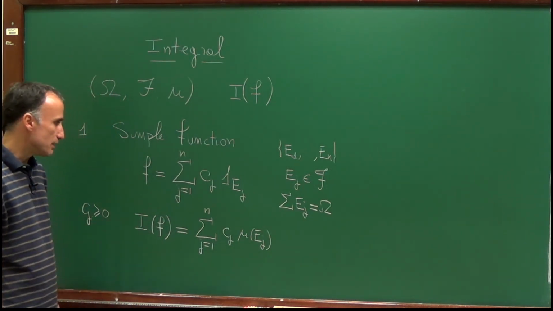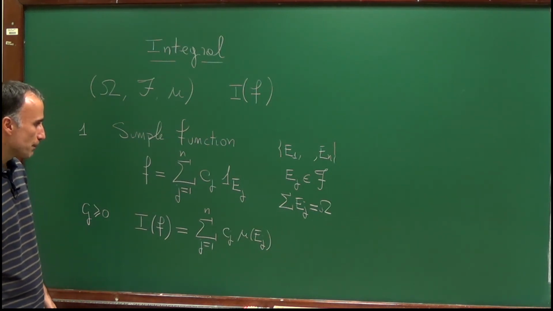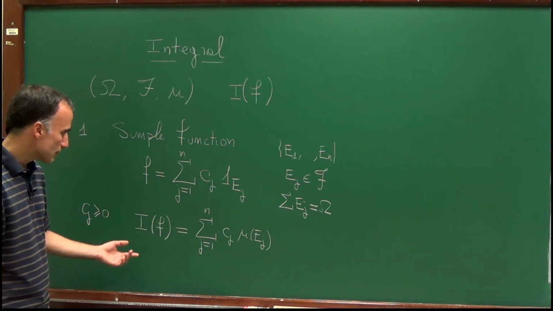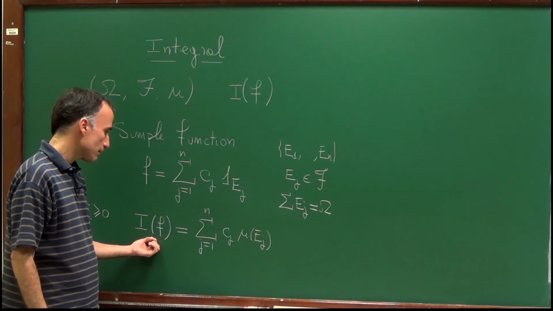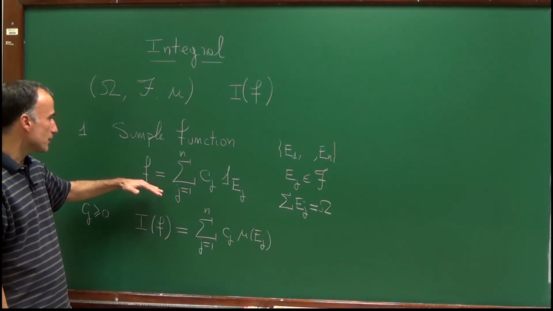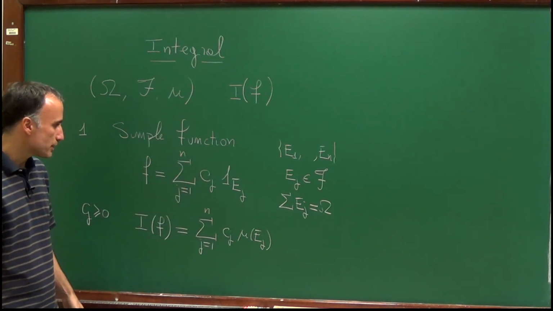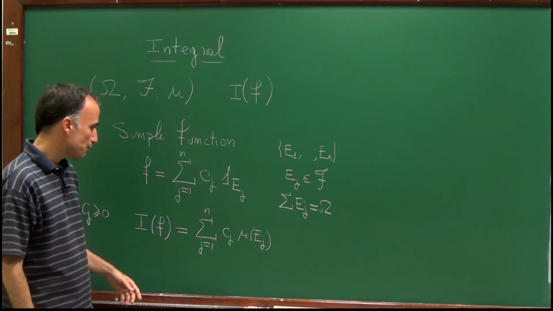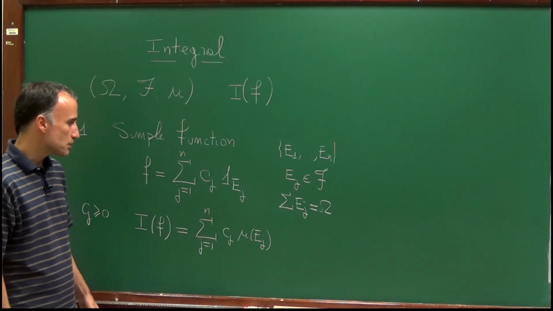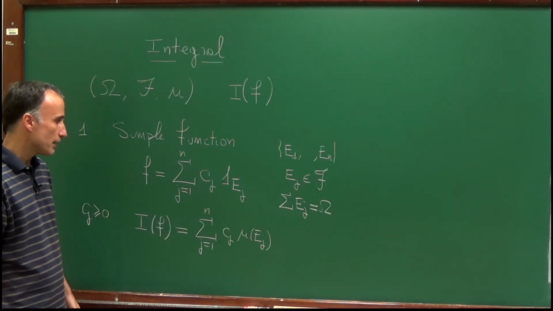So here is the definition of the integral of a non-negative simple function, and we've seen in the previous lecture that this number is well defined. It might happen that the same function can be written in two different ways, and we have seen that the definition of the integral does not depend on the specific representation of the simple function, so that this object is well defined.